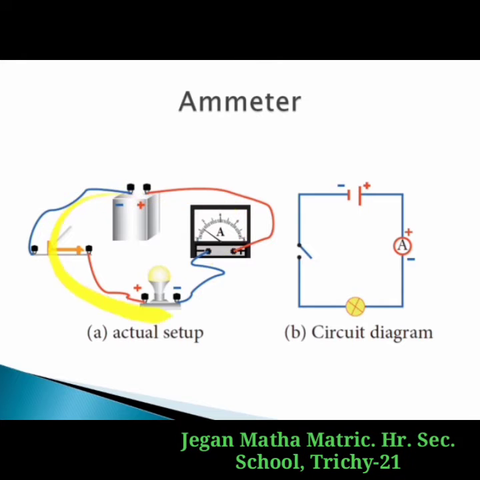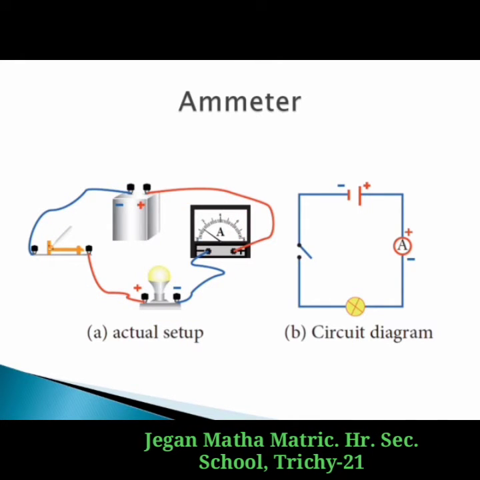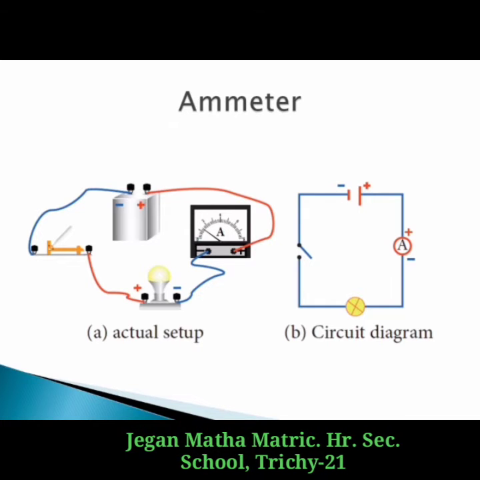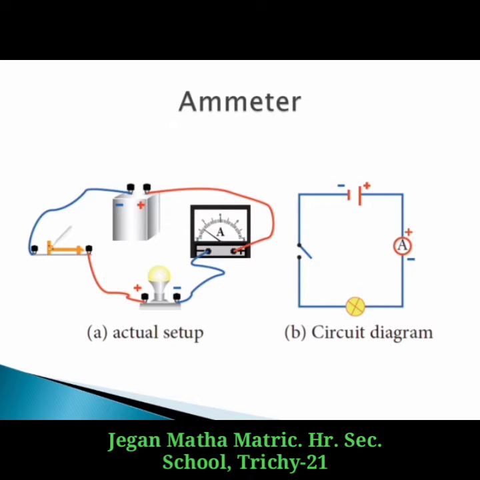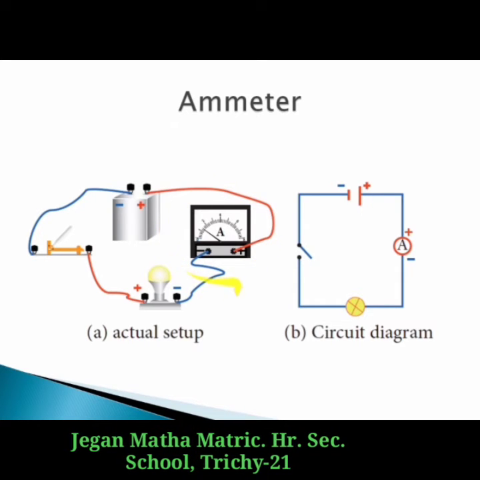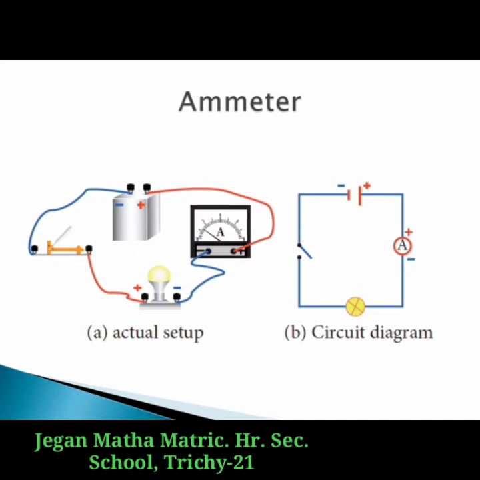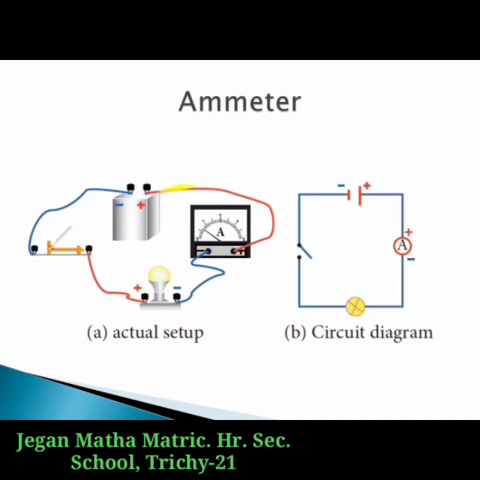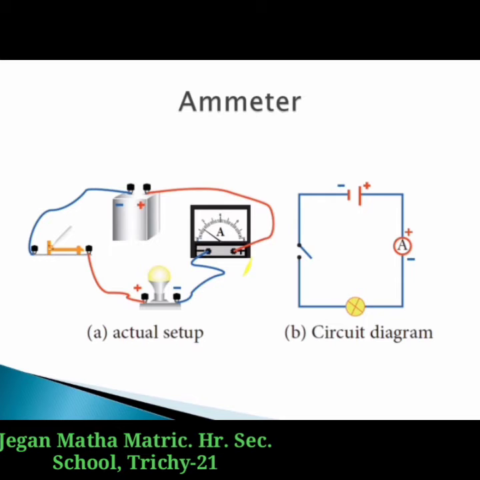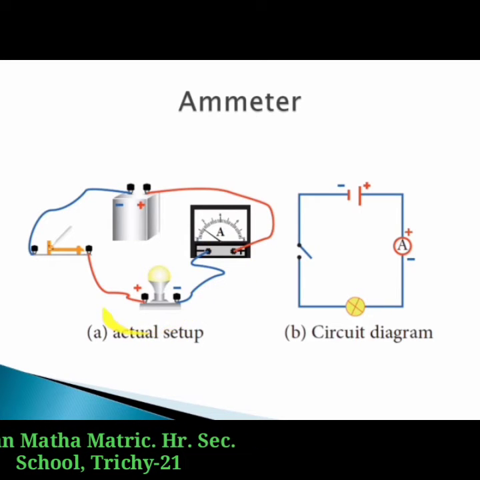The current flows through the positive red terminal of the ammeter and leaves from the negative black terminal. The ammeter has two terminals, positive and negative.